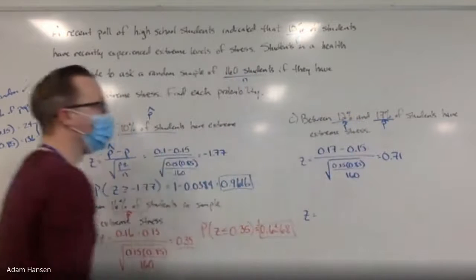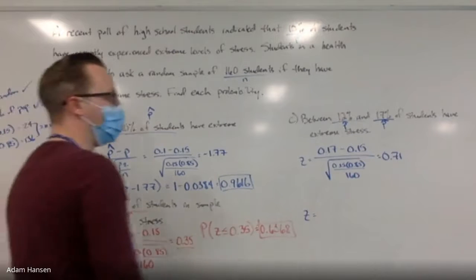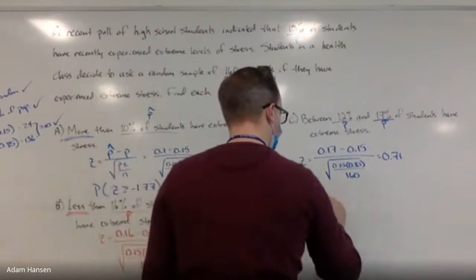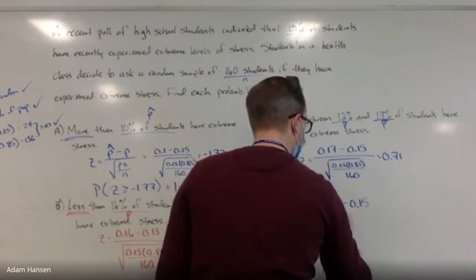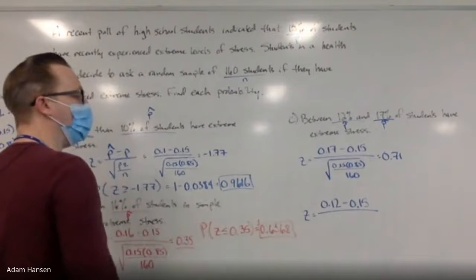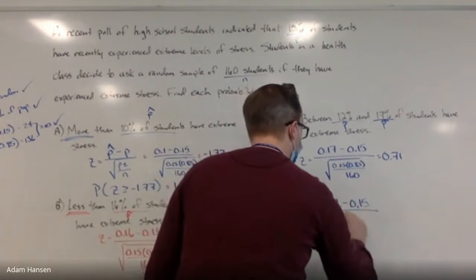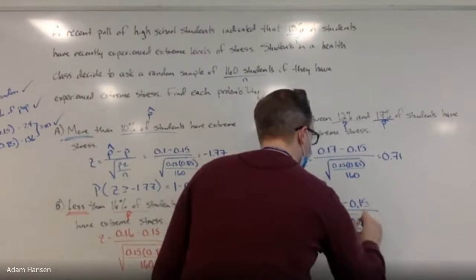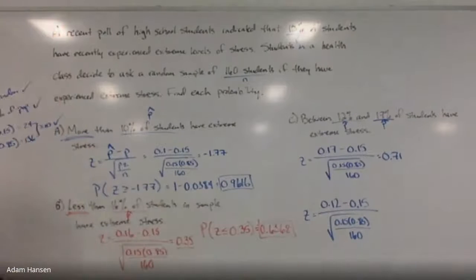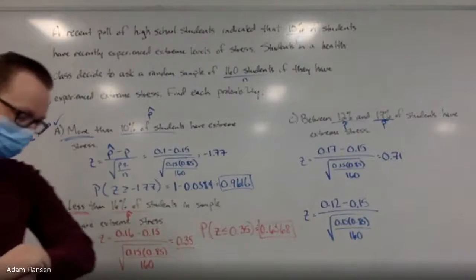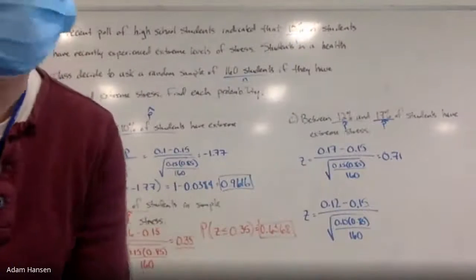Find your second z-score for the other endpoint between 12 and 17%, the left end. 12% minus 15%, the difference in the two proportions, the difference from what we'd expect, divided by the square root of 15% times 85% divided by 160. Negative 1.06.